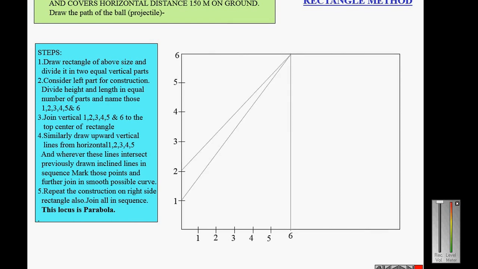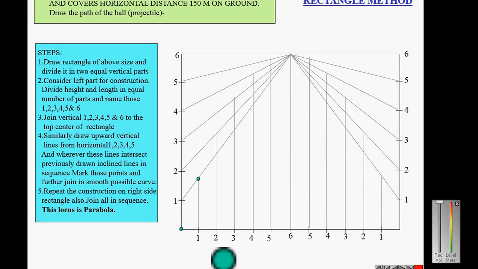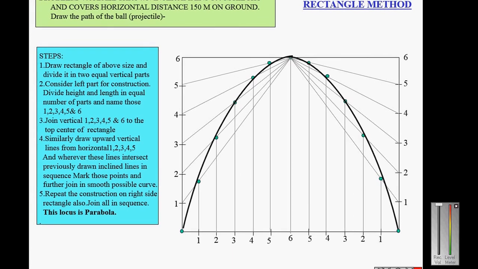Join the top center point and left 1, 2, 3, 4, 5, 6, and draw perpendicular lines through the bottom 1, 2, 3 to the corresponding points, mark the intersecting points, and draw a smooth curve passing through all these points. So this is the parabola, the path of the ball.